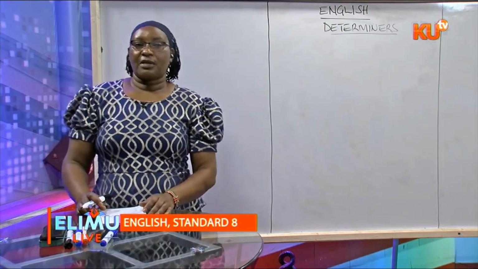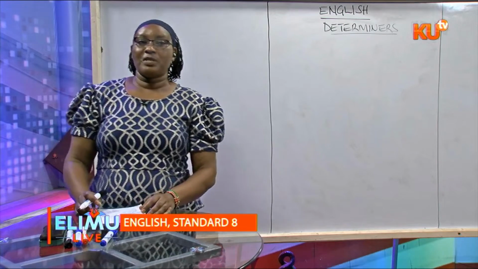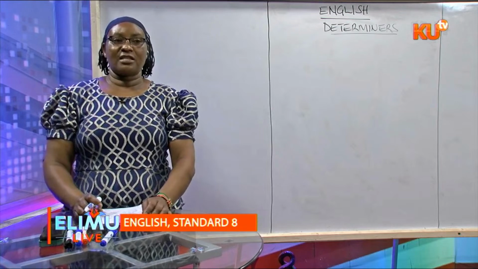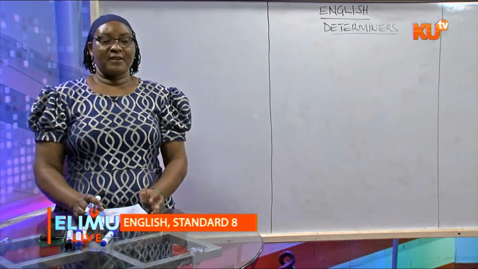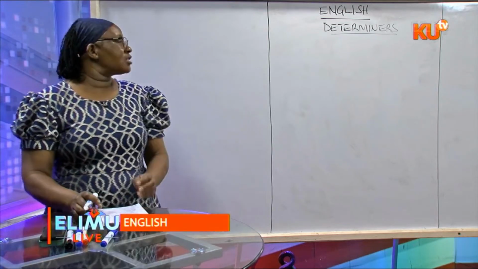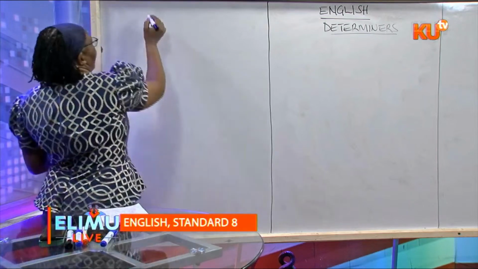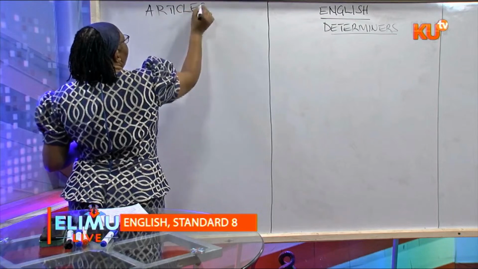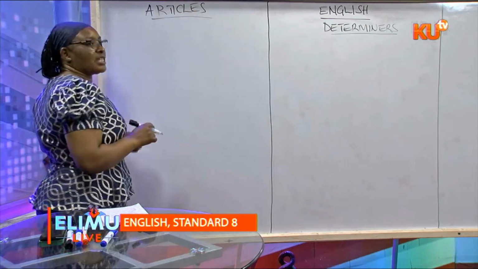Now, right from when we started learning determiners, maybe the first ones that we learned were articles. The articles are the first determiners that we learned.